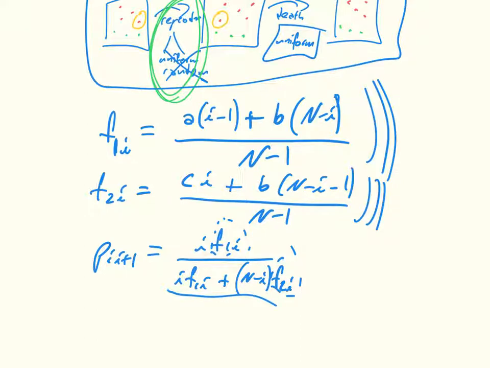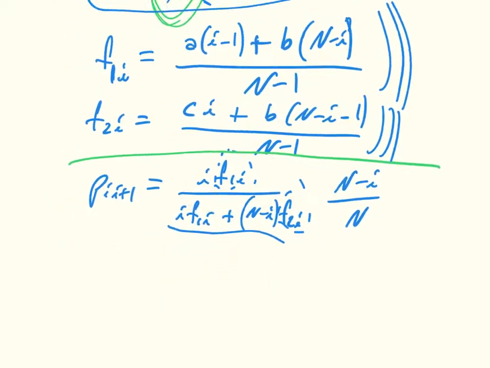But as I mentioned, we remove members of our population in a uniformly random way. So if we're going to go up by an individual of the first type, we have to take an individual of the second type out. And there are n minus i of them, and we divide that by n.